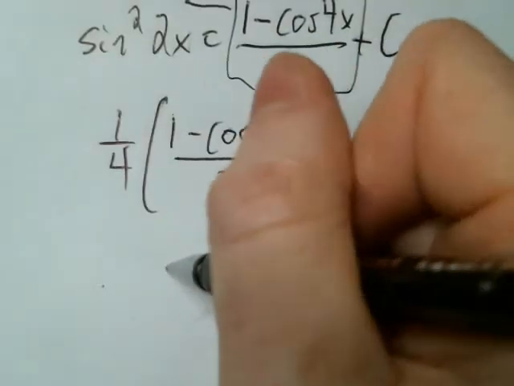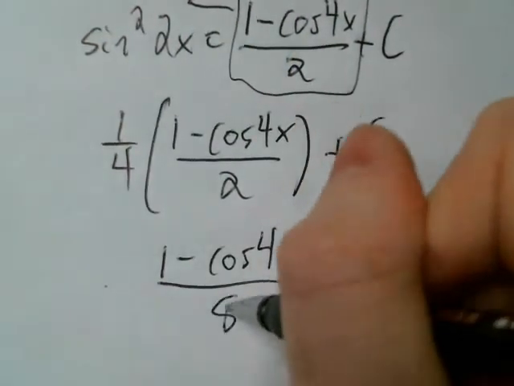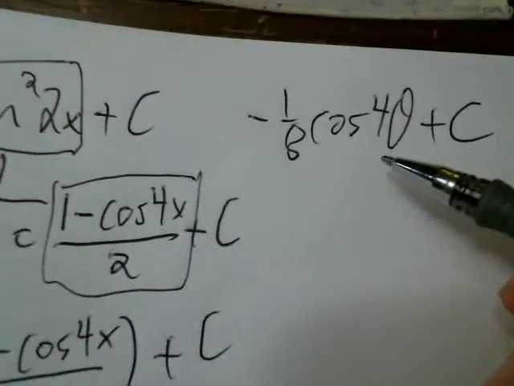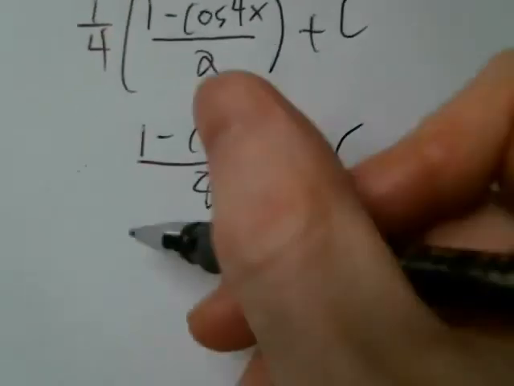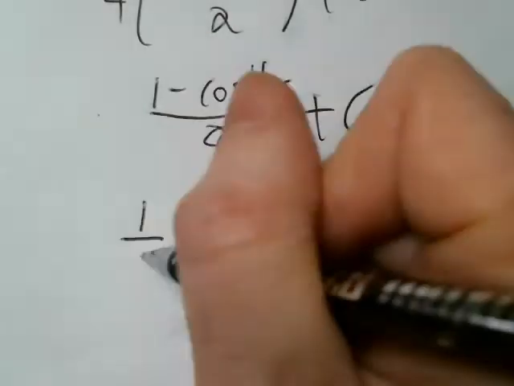That's the same as 1 minus cosine of 4x all over 8 plus c. And you're kind of saying, all right, that connects, but not quite. It's off by a constant. And that's where the first part of the lecture comes in.